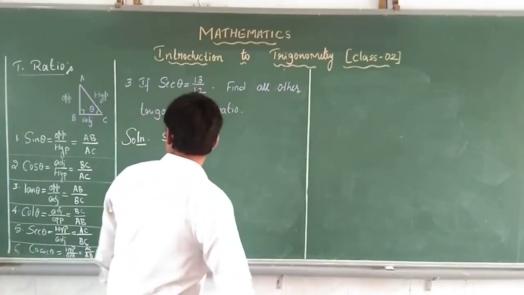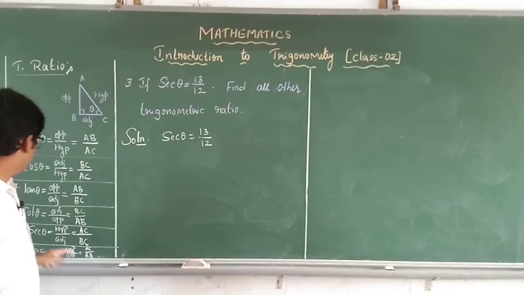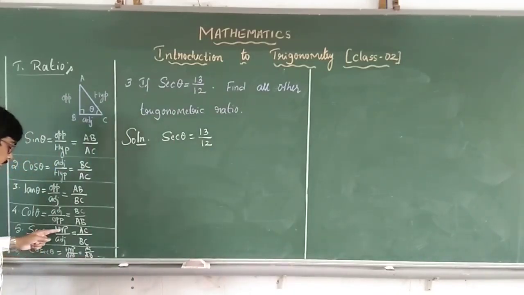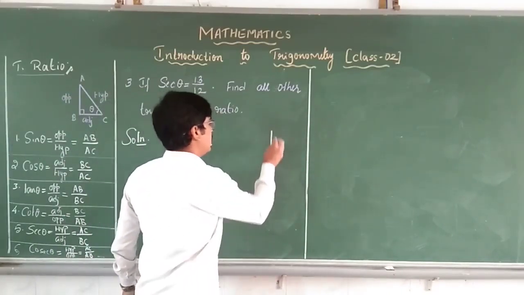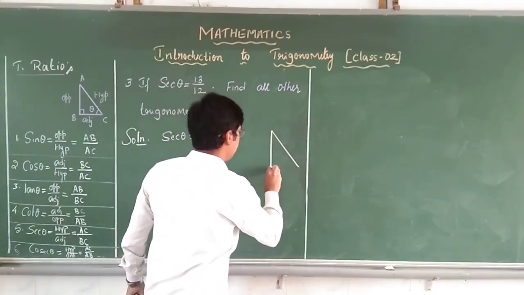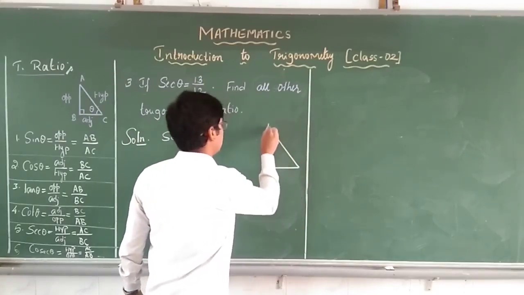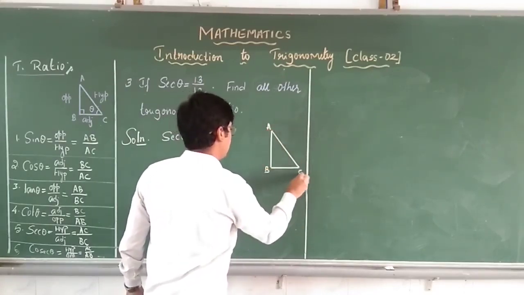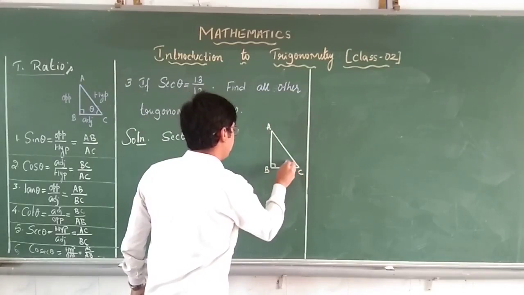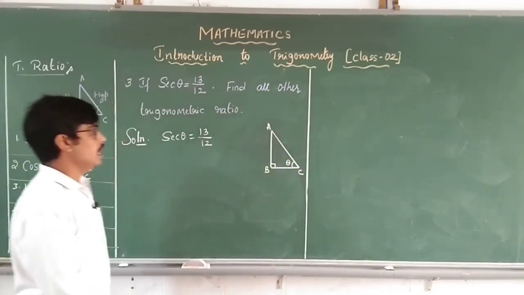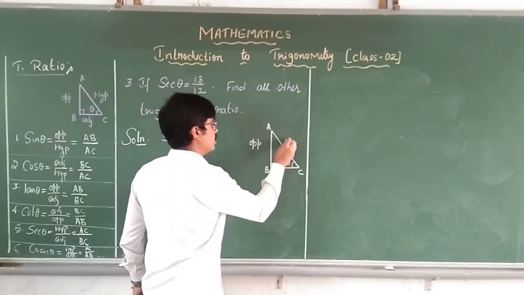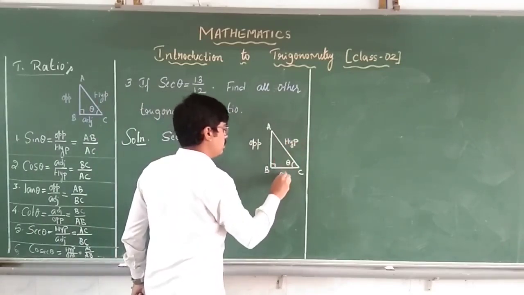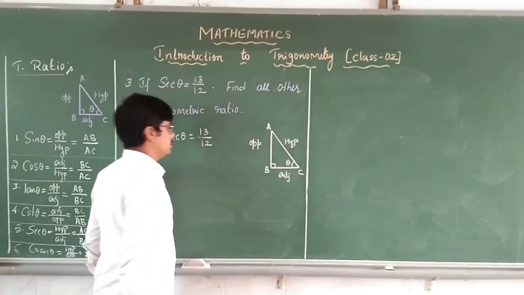Right. Now what is the ratio of secant? Here I defined secant. Secant is hypotenuse by adjacent. Let me take a right angle triangle ABC with right angle at B and acute angle at C. Now this will become opposite, hypotenuse, adjacent.